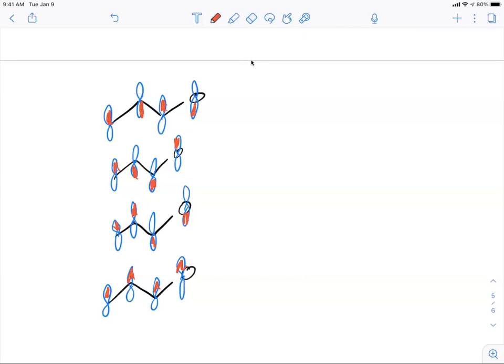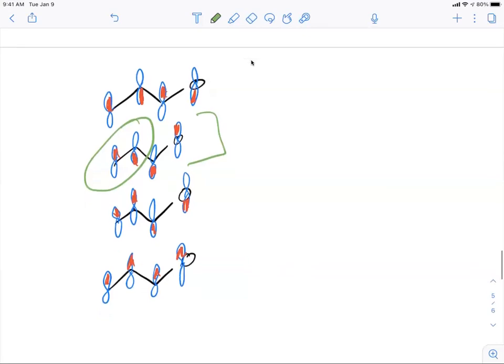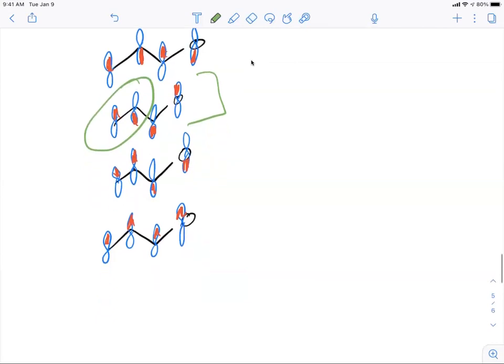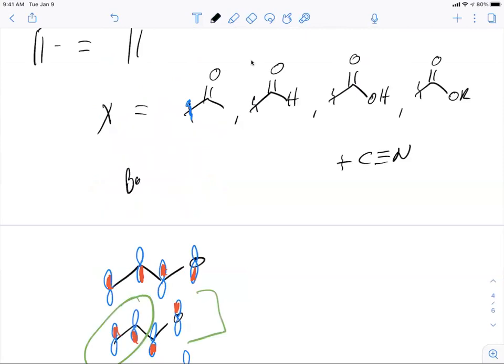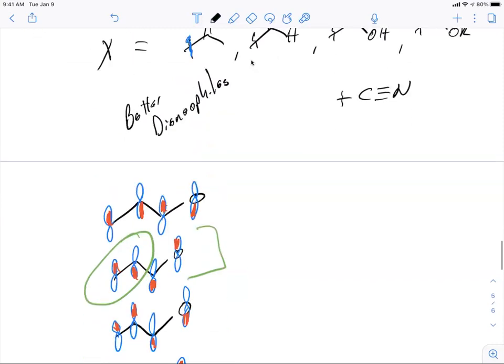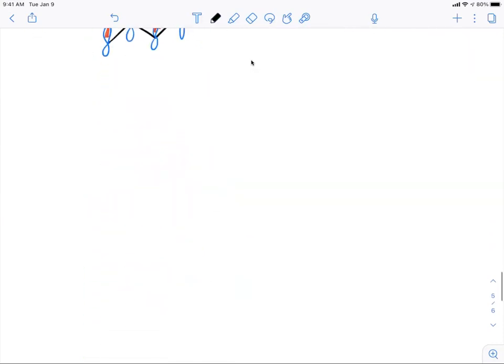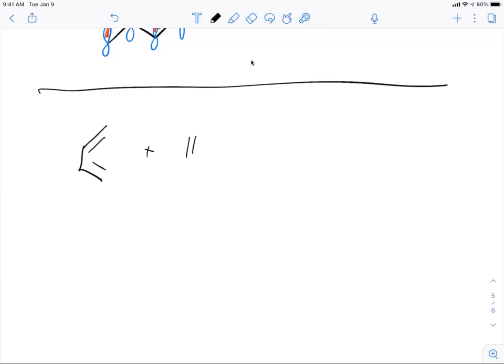Because we have this extended pi system, we see those reactions. So with these, we see a greater reactivity. Okay. So we can think about these as better dienophiles. So let's look at a few reactions with these and see what those would look like.